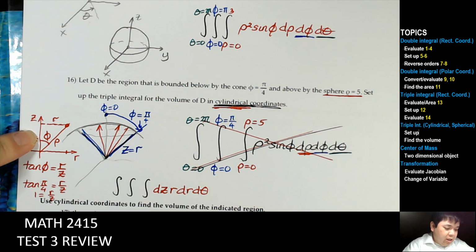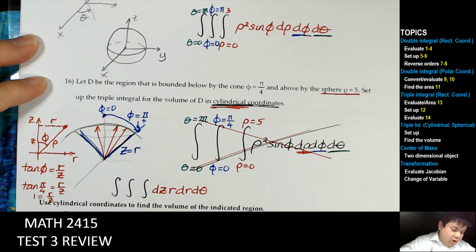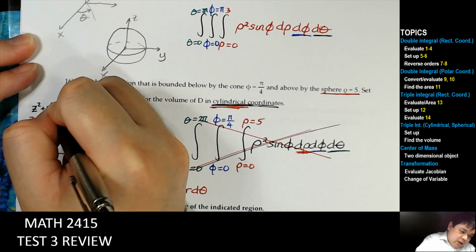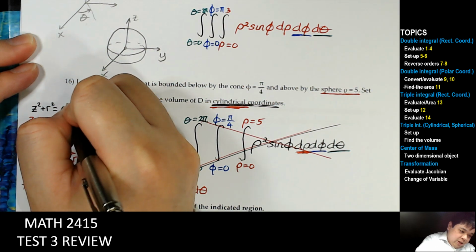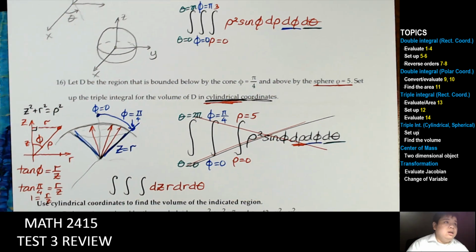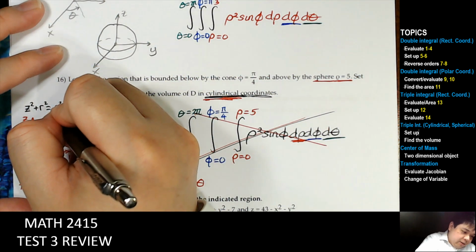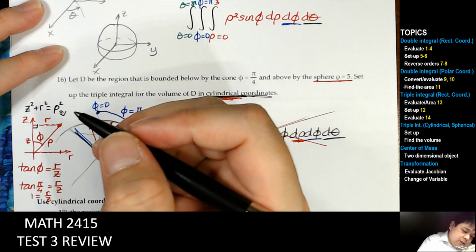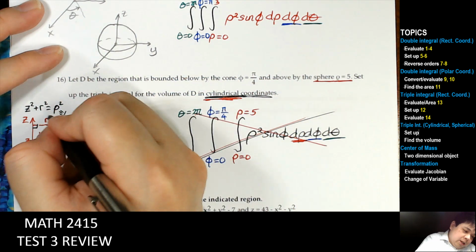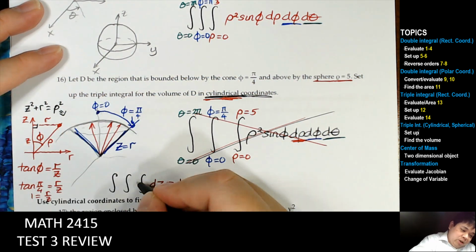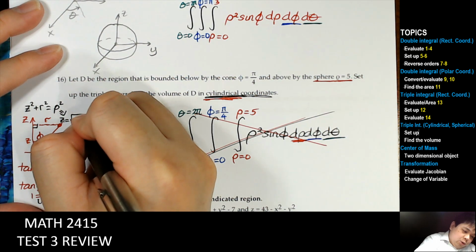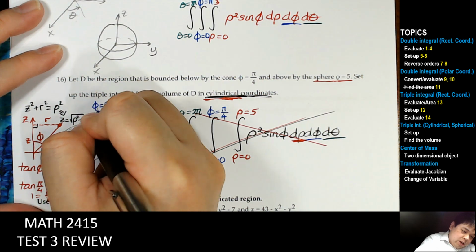Also in this right triangle, we have z squared plus r squared equals rho squared. So from there, we're going to solve for z because we need z. So z equals the square root of rho squared minus r squared.